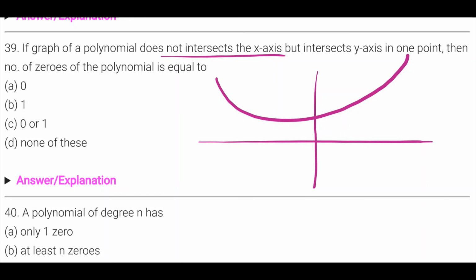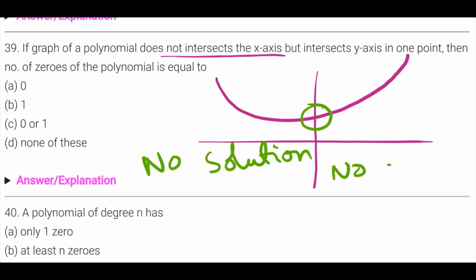It is intersecting the y-axis at one point, but it is not touching the x-axis. So there are no zeros, no solution here. No solution indicates no zeros of the polynomial. So we have 0 zeros of the polynomial. Option A.